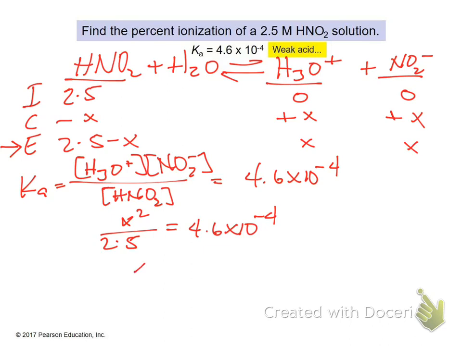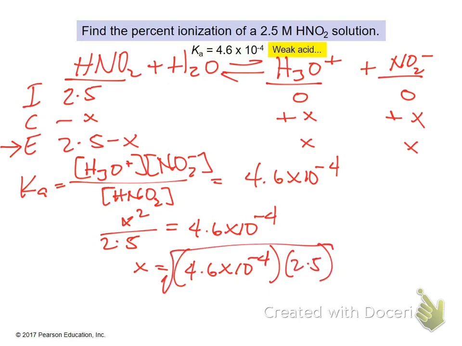So you can see that x equals 4.6 times 10 to the negative fourth multiplied by 2.5, and then you take the square root. So plugging it in to the calculator, we get a value equal to 0.0339.